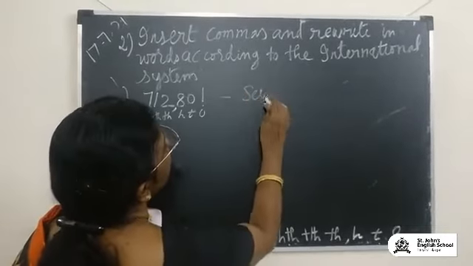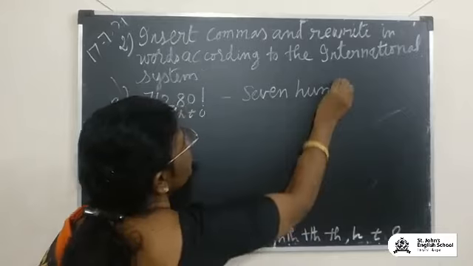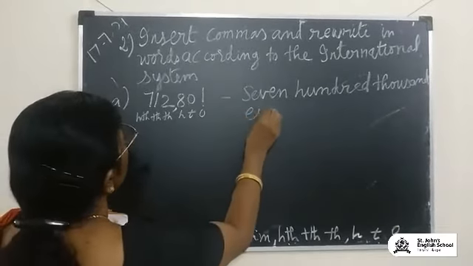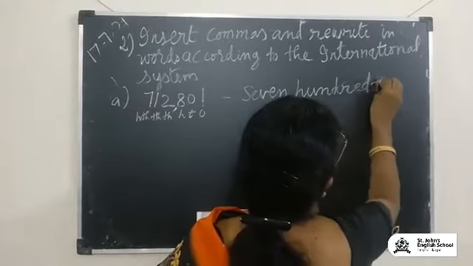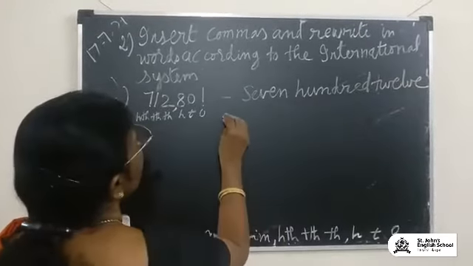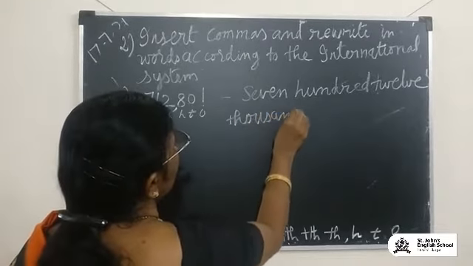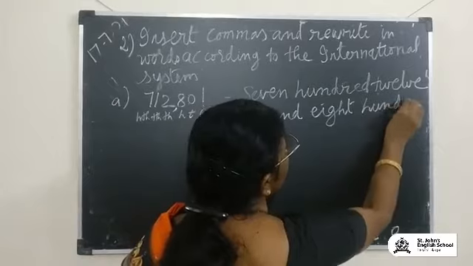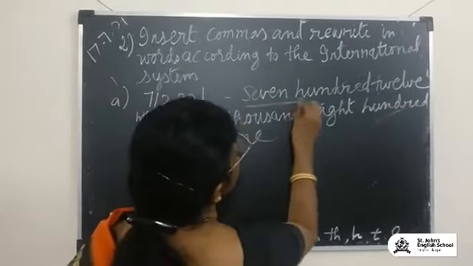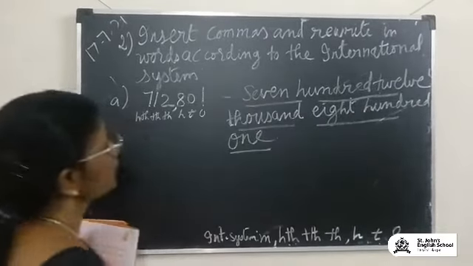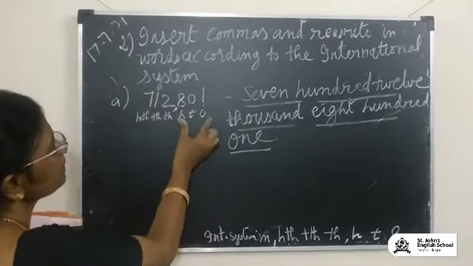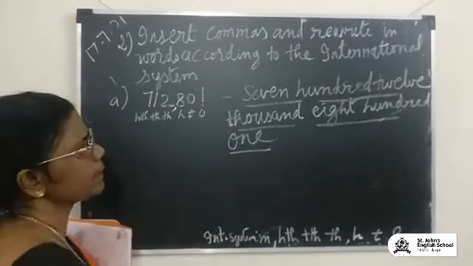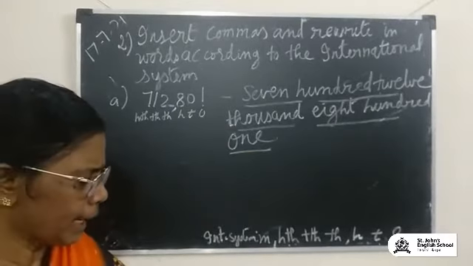Because it has only ones, tens, hundreds place, that is the ones period, and the thousands period together, you have to read it together. So the answer will be 712,801.